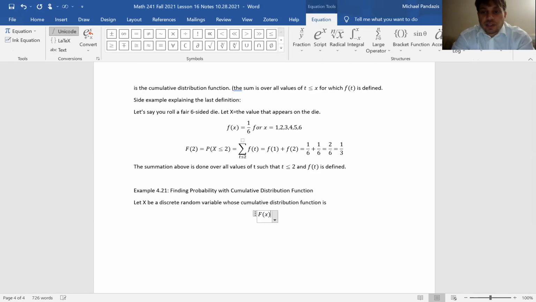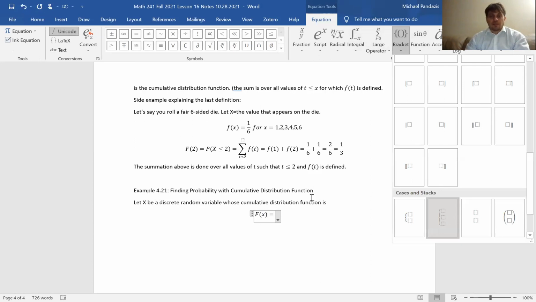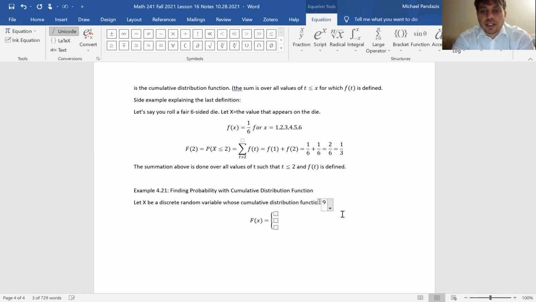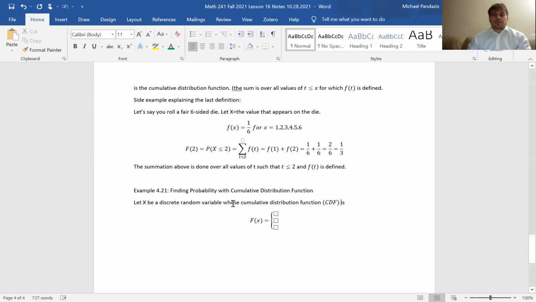So you're given that your CDF is equal to, and we point out here that an abbreviation for cumulative distribution function is CDF: C for cumulative, D for distribution, F for function.